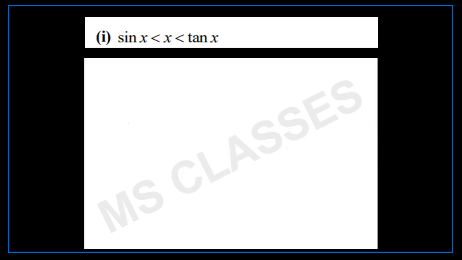Now on combining 1 and 2, we get sin x less than tan x.